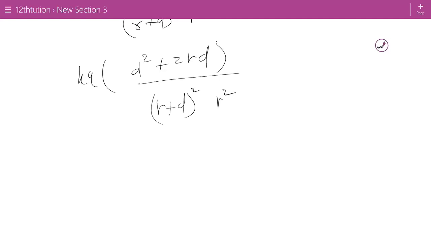This is how you can calculate the electric field. Now let me tell you how we can write the exact formula also. We can write the exact formula.